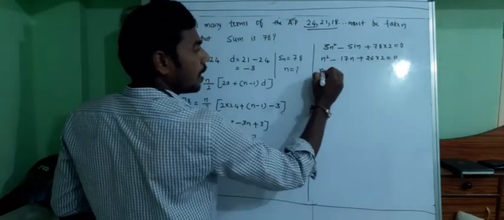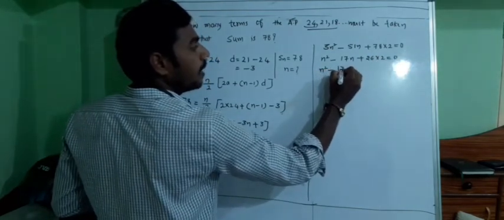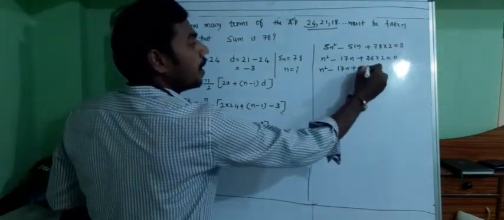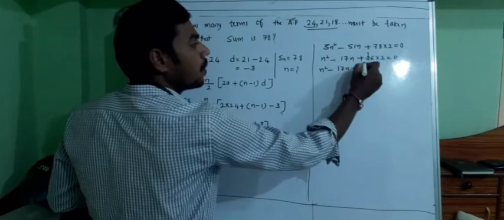Or else n square minus 17n plus 26 12, carry 1, 2 4s are 8 plus 1, 52.